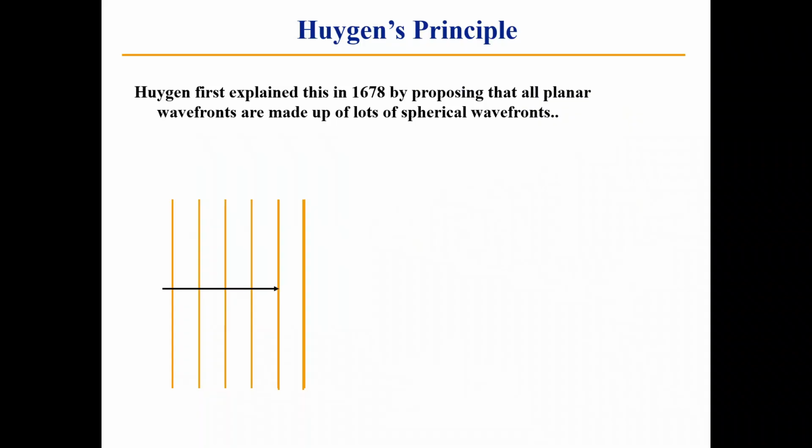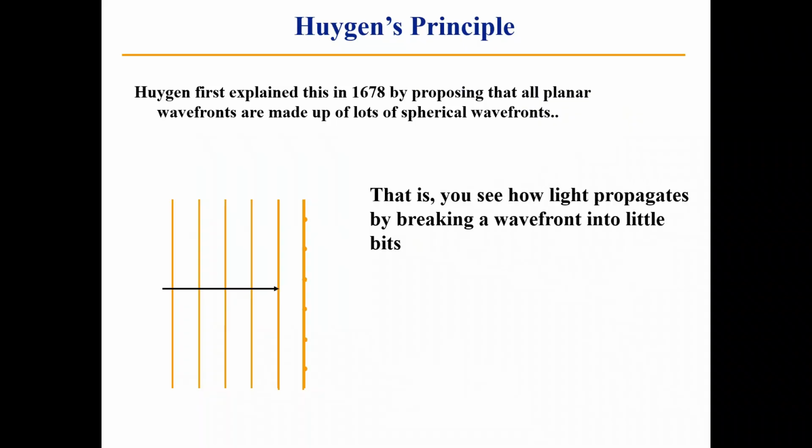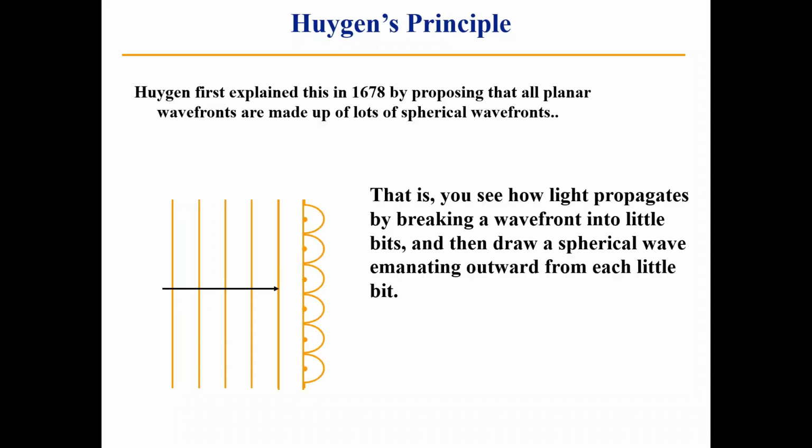So Huygens first explained this property, and he pictured that each planar wave, so each of these long linear wavefronts, is actually not linear. They're made of a whole bunch of spherical wavefronts. So if you break each line into points, and of course you technically have all these points in between, but that'd be really difficult to draw, each wave is actually a spherical point.